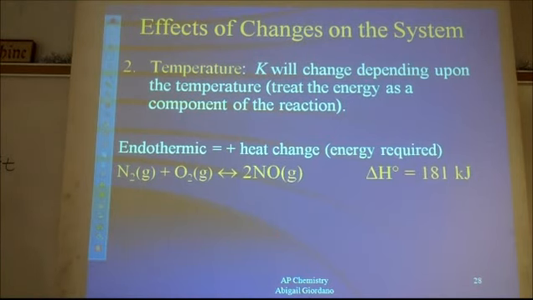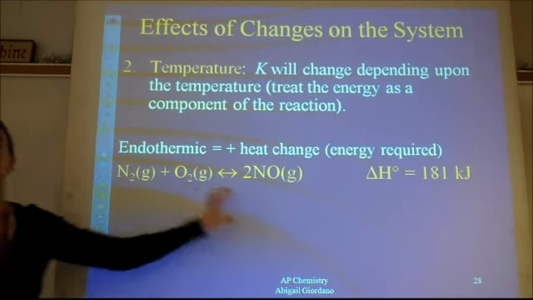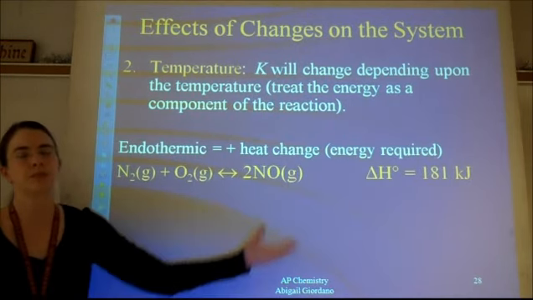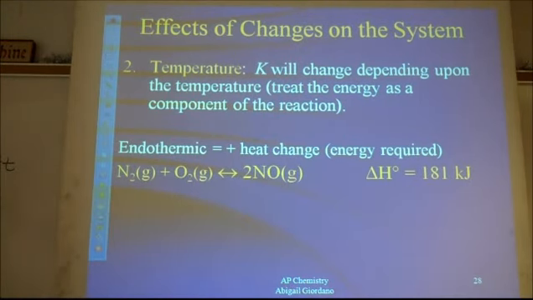So how am I going to tell you? Well, I could simply say, this reaction is endothermic. Pretty clear, right? Or I could give you a change in enthalpy. Don't worry about that word for the moment. A change in heat value, and if that value is positive, that tells you it's endothermic.